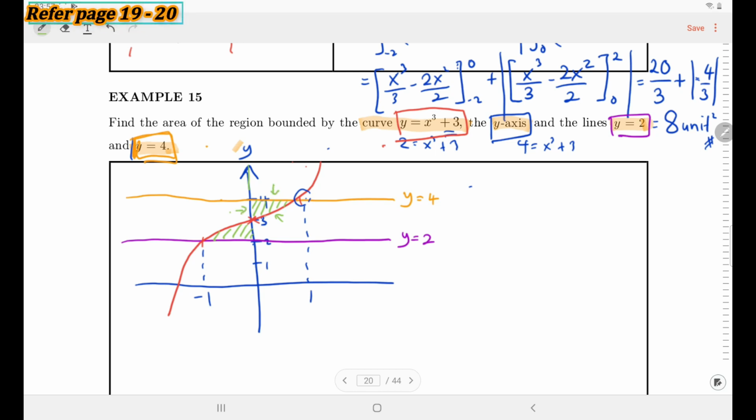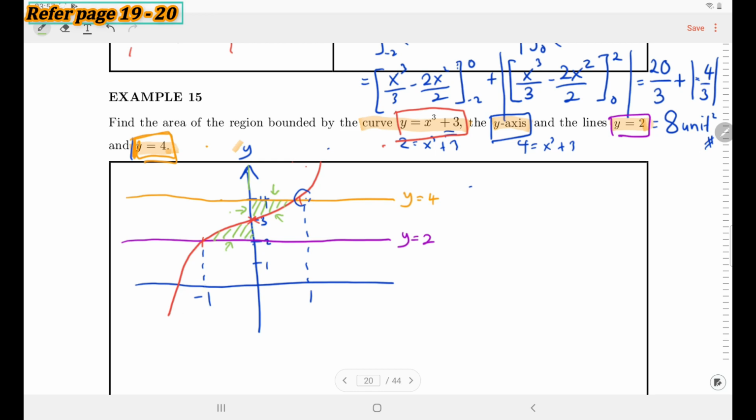So this is the curve, the red one, the orange is the y equals 4 line, and the blue one is the y-axis. And then the shaded region is bounded by the y equals 2 line, the axis, the blue color, and the red one, the curve. So these two are the regions bounded by the curve and the y-axis.